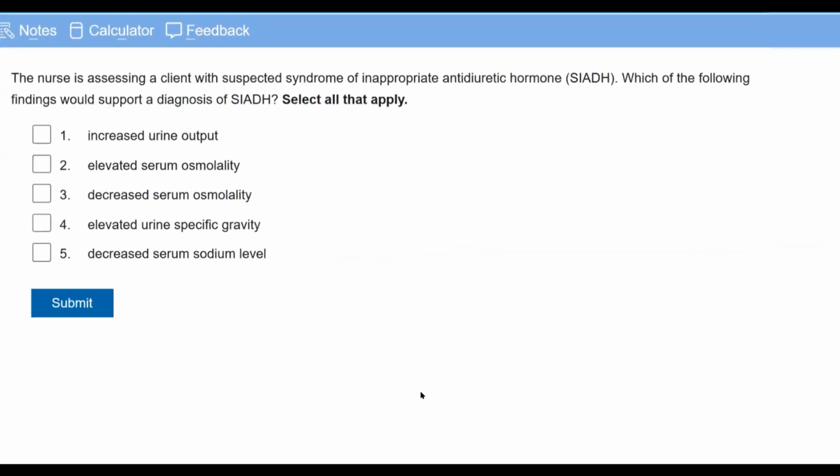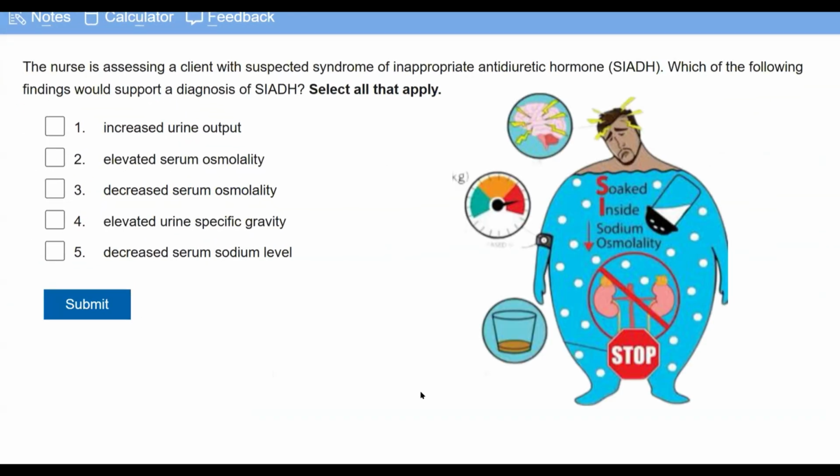So the nurse is assessing a client with suspected SIADH, syndrome of inappropriate antidiuretic hormone. Which of the following findings would support a diagnosis of SIADH? So now select all that apply. So just opposite of DI. So is there increased urine output? No. So there is decreased urine output.